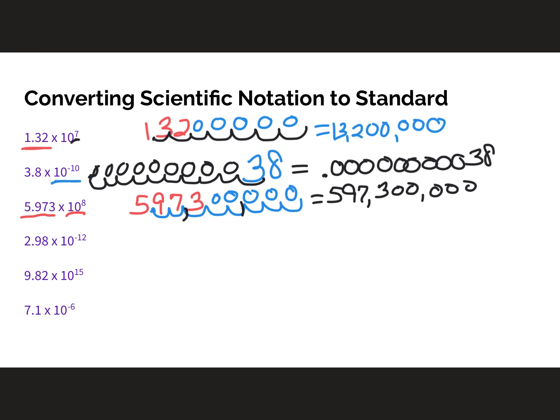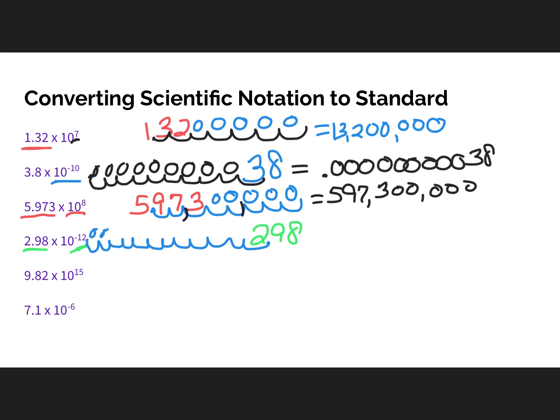Okay. We're going to do the same thing with this. Now this is again a small number because I can see I've got that negative. So I can put the 2, 9, 8 over here. And then I'm going to move my decimal place 12 times. 1, 2, 3, 4, 5, 6, 7, 8, 9, 10, 11, 12.